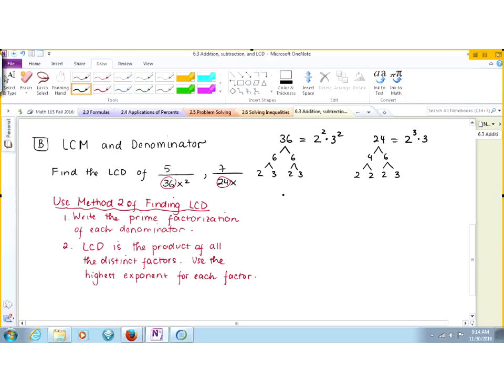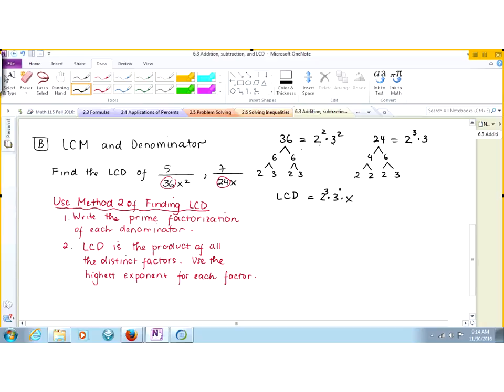Now the LCD, remember it's not just 36 and 24, but 36x squared and 24x, right? So now all the distinct factors, I'm going to scan these numbers. What are the distinct factors here? I have 2 and 3, right? And x, because I actually have x squared and x here. Now, what is the highest exponent for 2? 3.